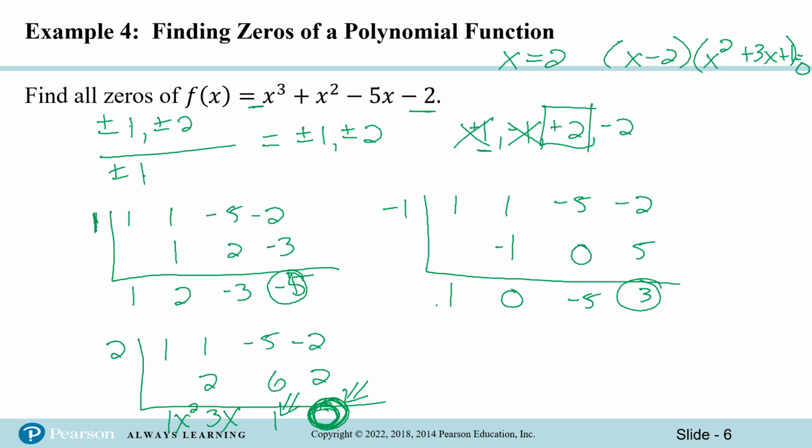Because it's now quadratic, we can use quadratic techniques to solve it. I don't believe it's factorable. It's not factorable, in fact. So we're going to use the quadratic formula on the next slide.